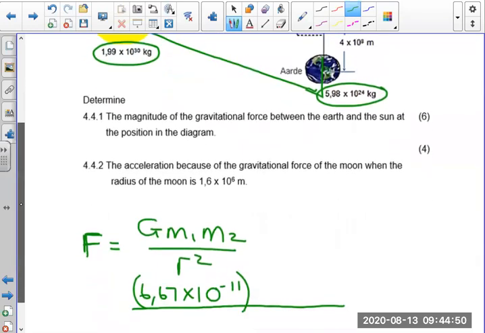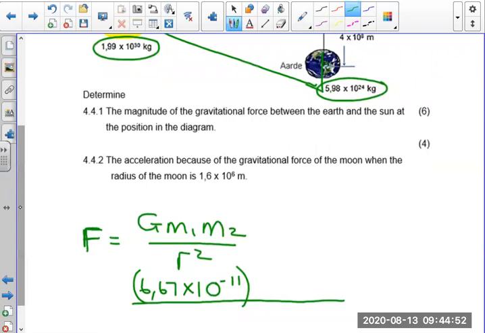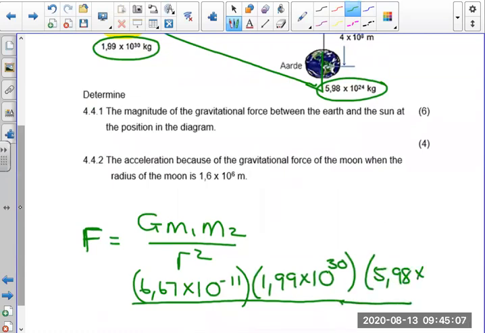But in this case, we get the big G from the information sheet. The mass of the Sun is 1,99 times 10 to the power of 30. And the mass of the Earth is 5,98 times 10 to the power of 24. Mass must be in kilograms. So therefore, this is right.